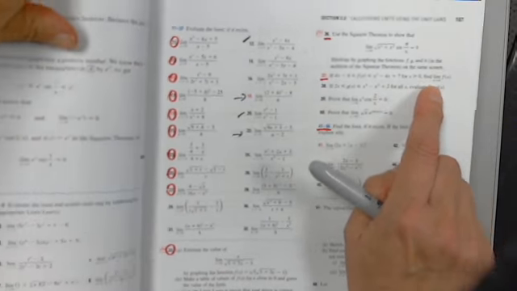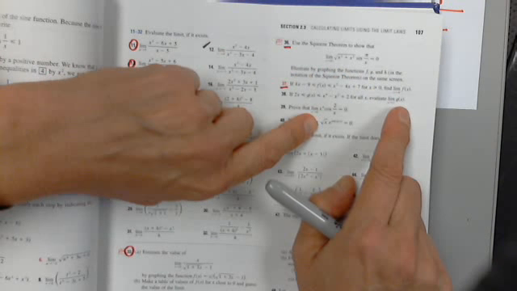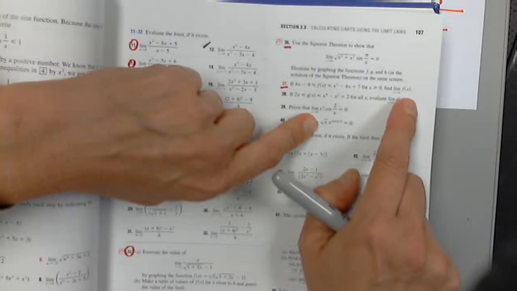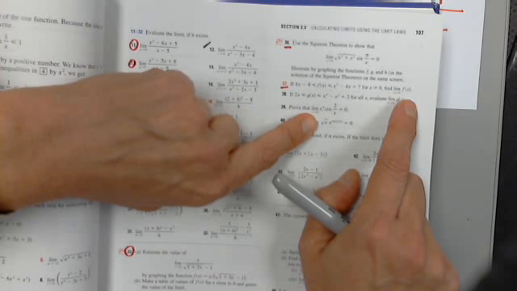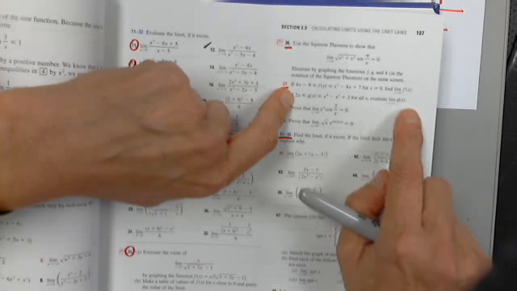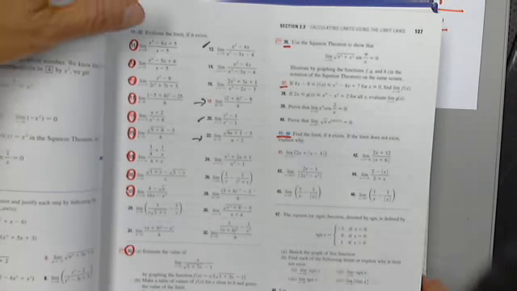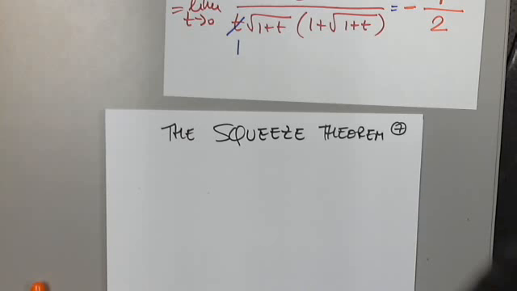And I'm asked to find the limit of this one, and I don't even have it. I don't have function f. I'm only told whatever it is, I don't care. It's squeezed between these two for x greater than or equal to 0. Find the limit as x approaches 4 from the function you don't have. So that is one application.